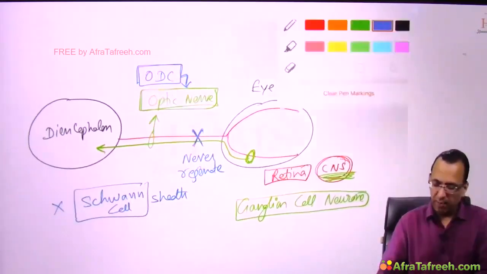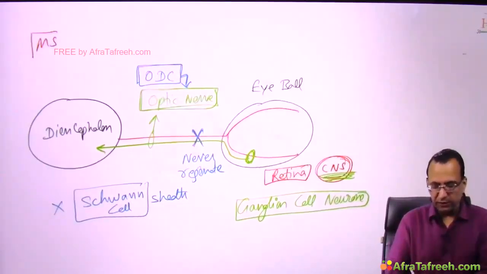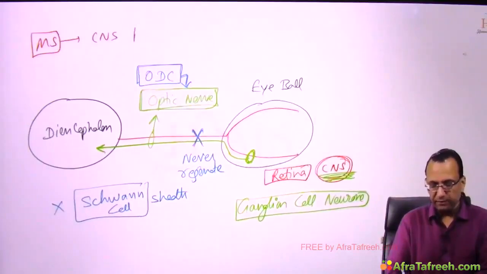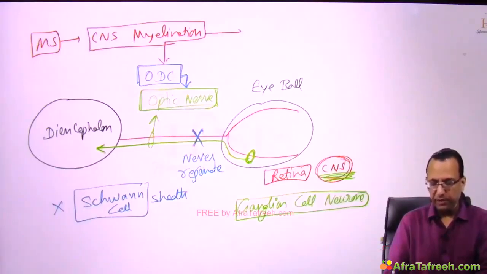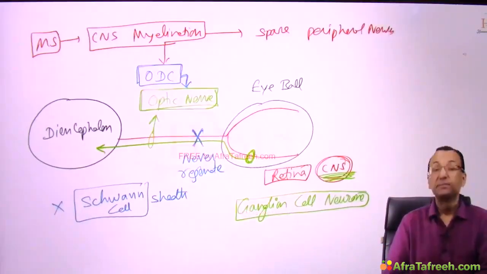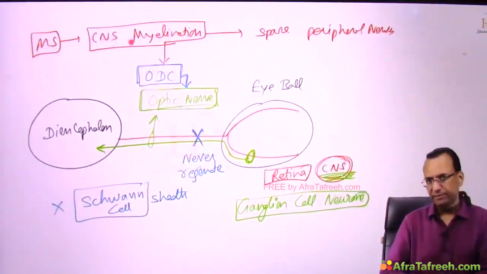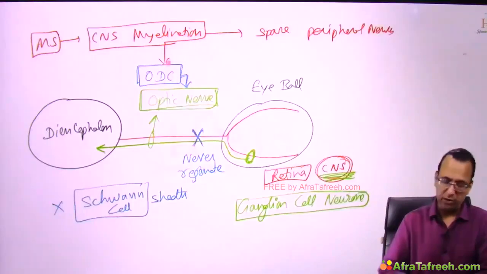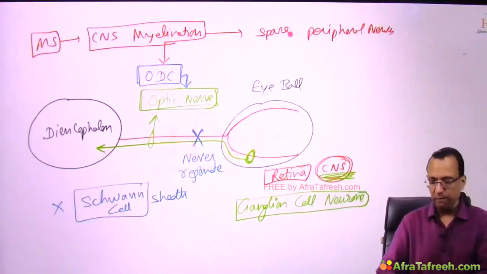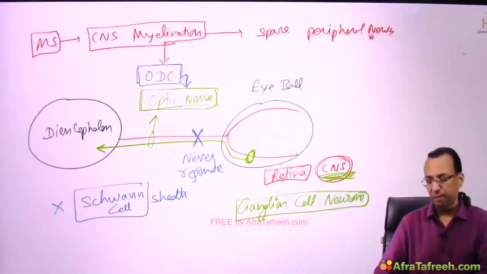Point two. When we are talking about multiple sclerosis, which is a problem of CNS myelination, a problem of the oligodendrocytes, it will spare the peripheral nervous system. Why?